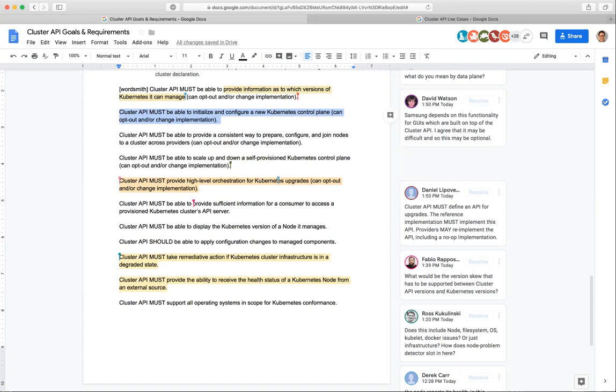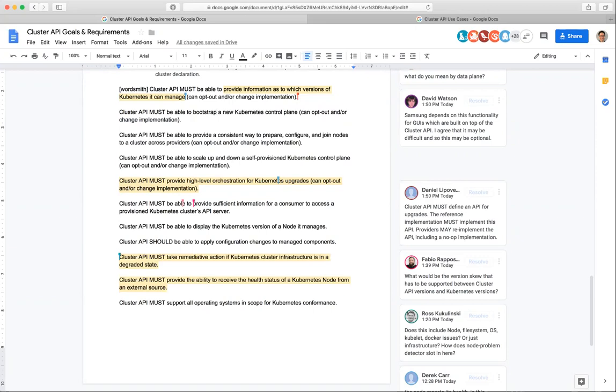I don't know what it would look like, but we do want to have the ability to bootstrap a control plane and allow people like OpenShift or Rancher or whomever to have their own implementation. I would explicitly say bootstrap and get rid of initialize configure, especially since configure is ambiguous.